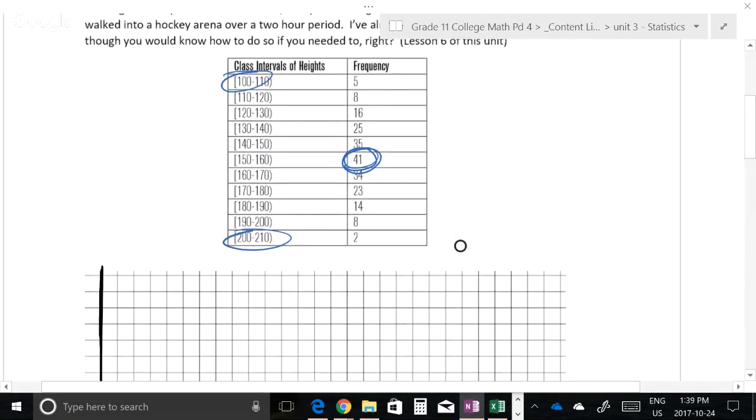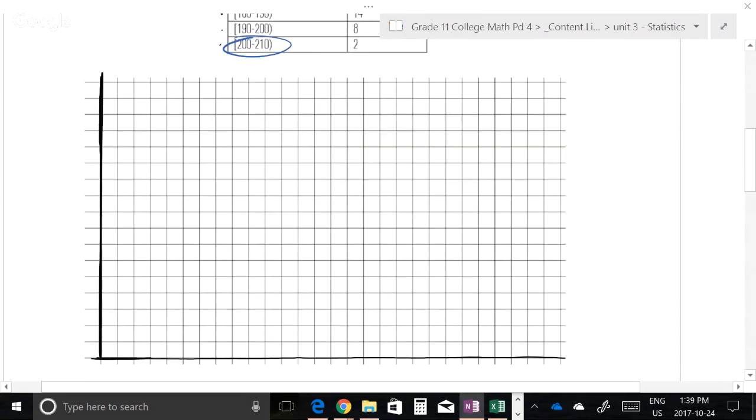Okay, how many categories is this? 1, 2, 3, 4, 5, 6, 7, 8, 9, 10, 11 bins.